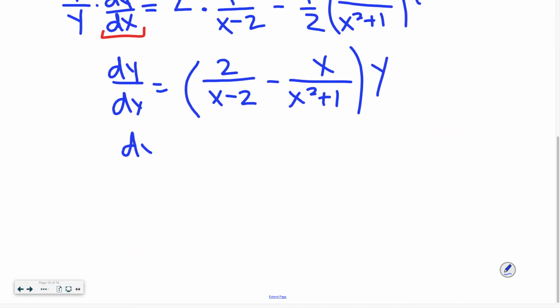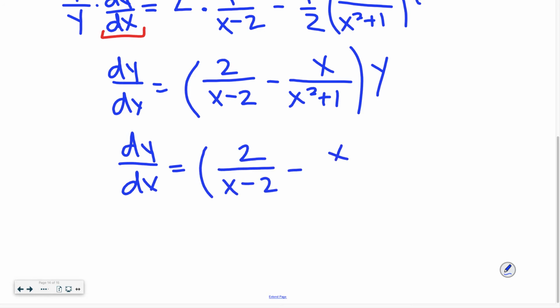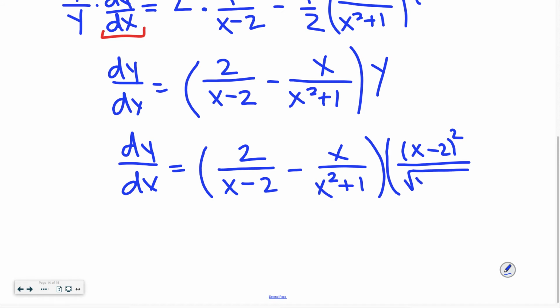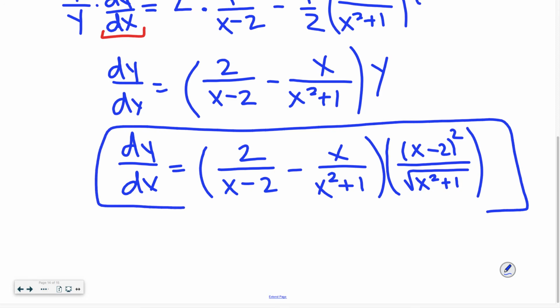That's an easy fix. Because do we know what y equals? Yeah, we know that y is x minus 2 the quantity squared over the square root of x squared plus 1. So we can just replace y with what we already know that is. And then we have our beautiful derivative.